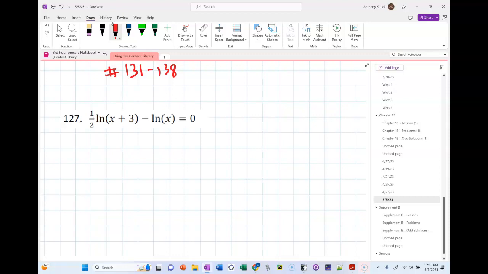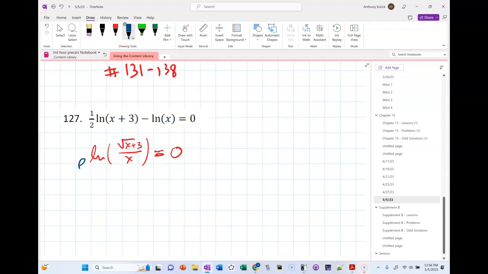So the first order of business, I'm going to condense this stuff. So natural log of the square root of x plus 3, let's just write it this way, over x is equal to 0. Everybody okay with how I condensed that? Okay.